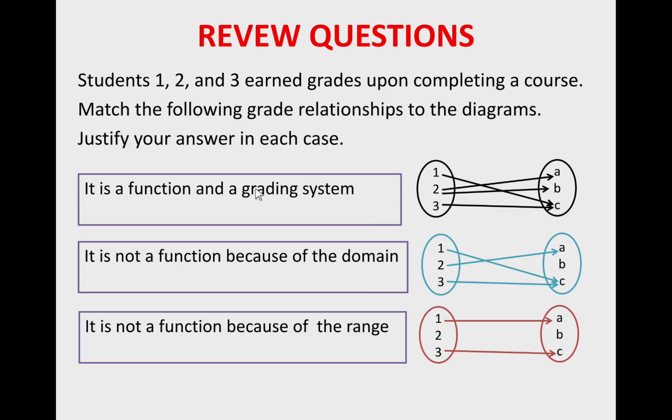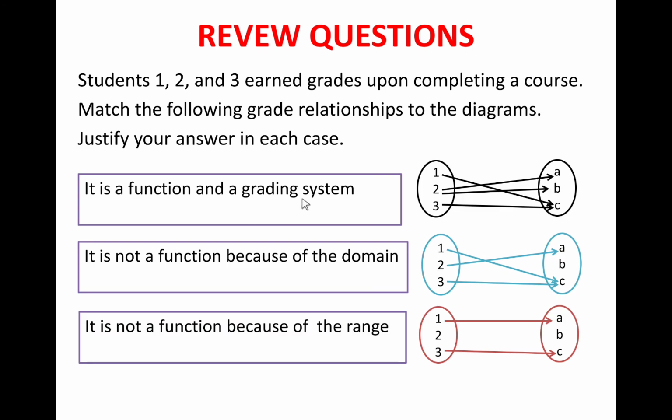So this cannot be a function because it violates what? It violates the vertical line test because 2 has a value a and b. It also violates the grading system because student 2 cannot have an A and a B in the same course. So this is not matching that.